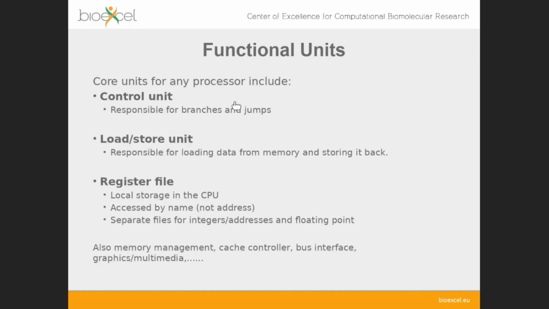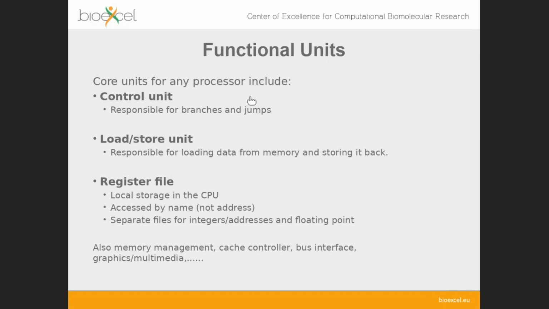Some other things: software does different things depending on the values of particular variables in the code. So there's logic in the code, and some unit in the processor determines which instruction should be executed.